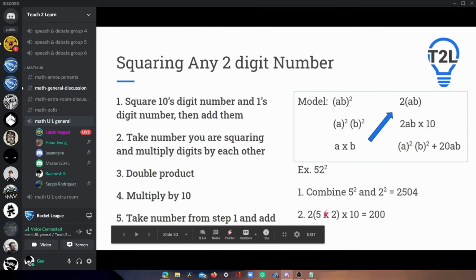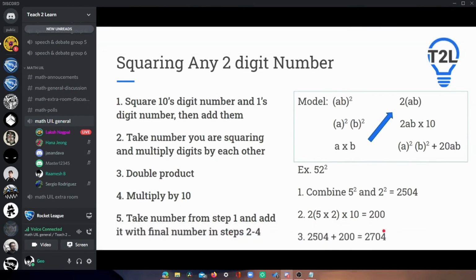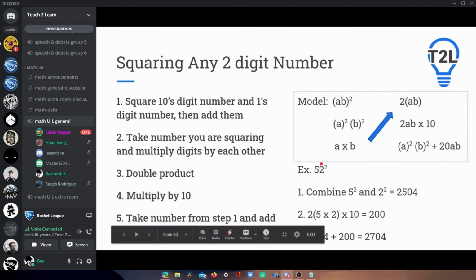So now that you have these two numbers, you can just add them together and get 2704. This one has a lot of steps to it, and you're going to need to do a lot in your head, but it should work out eventually, especially for the smaller numbers. It's pretty easy.